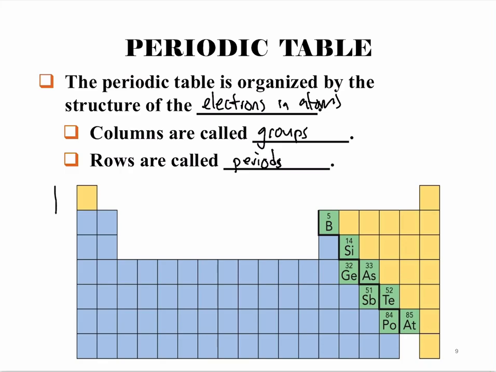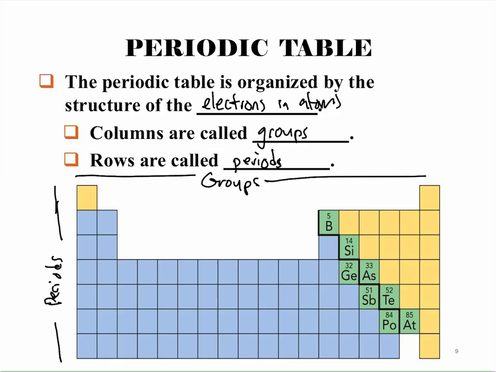All right, so these here are the periods, and going this way, we have the groups. And the only weird thing for the groups and some of the periods is that this whole region right here, which we'll come up with a name for, we don't include in the groups.